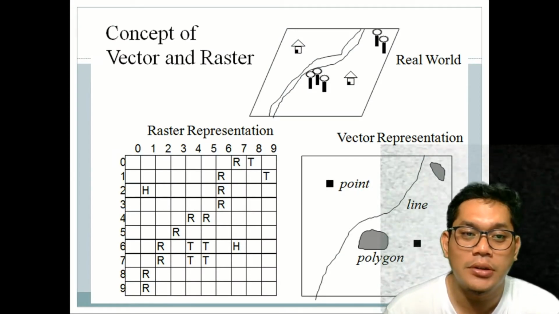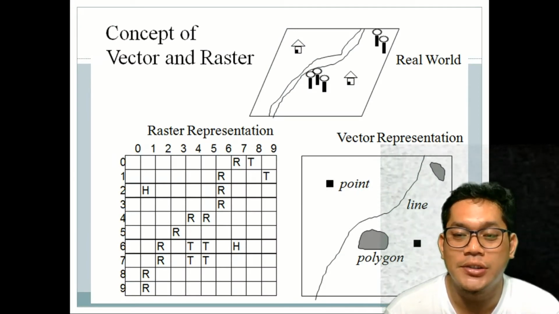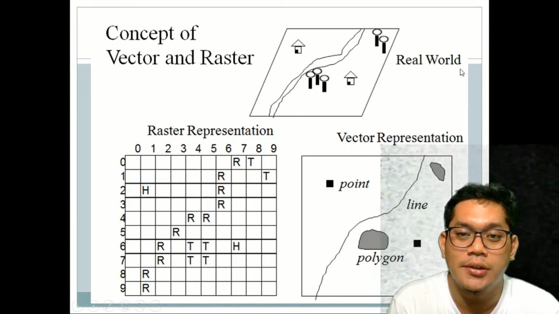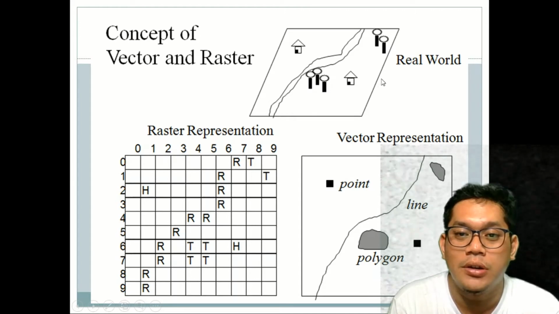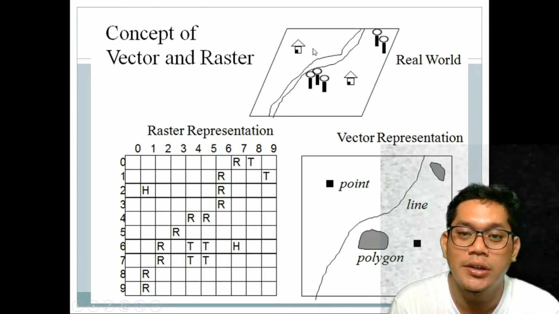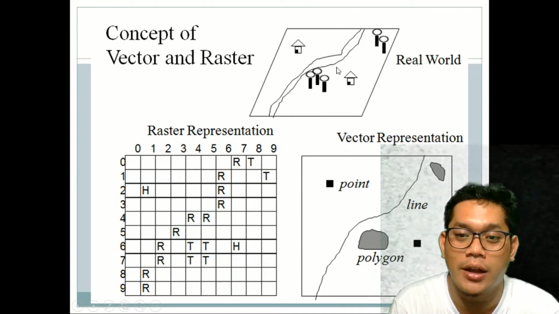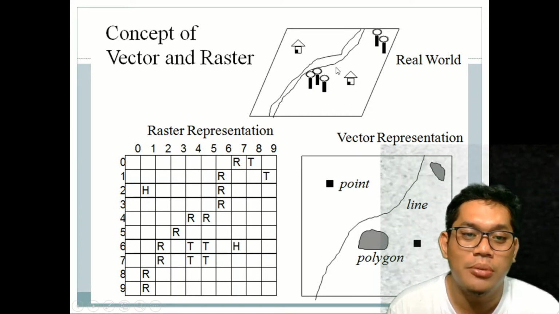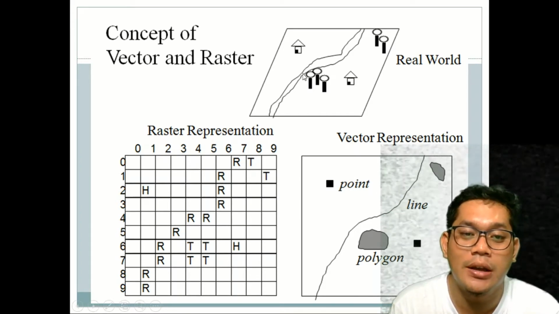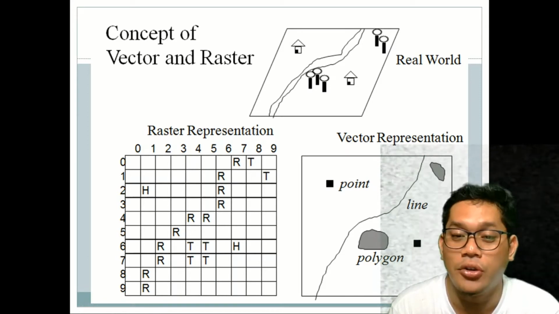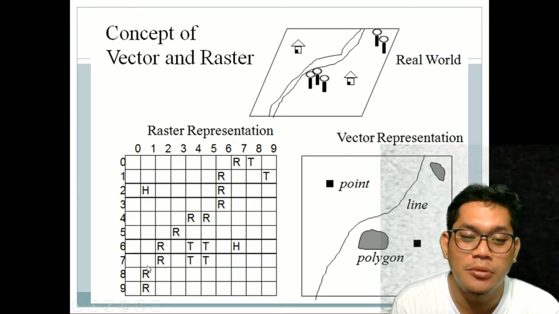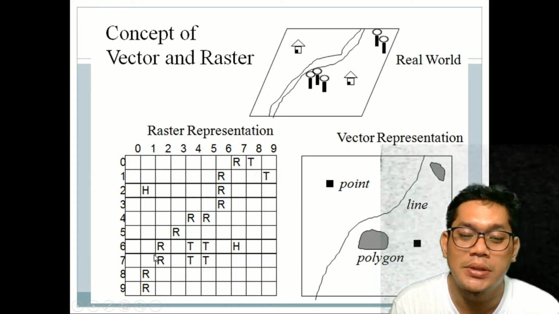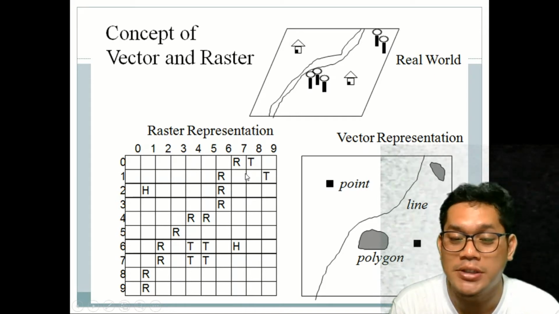So when we talk about the concepts of vector and raster, as you see here, basically this is almost the real world that is being represented. We have houses here, river, trees, and also land. So when we talk about raster representations, it is something like an image, a photo, where all of the attributes are represented in specific codes that are kept in the image pixels.